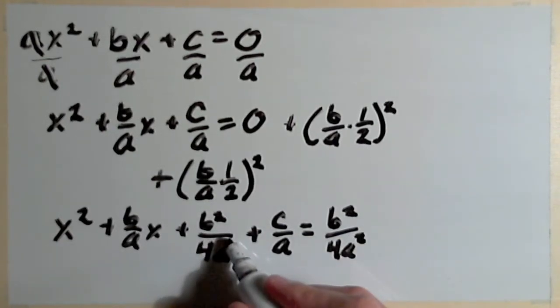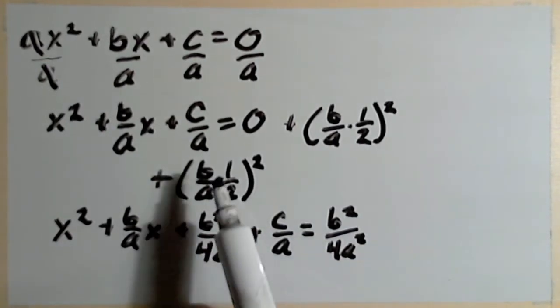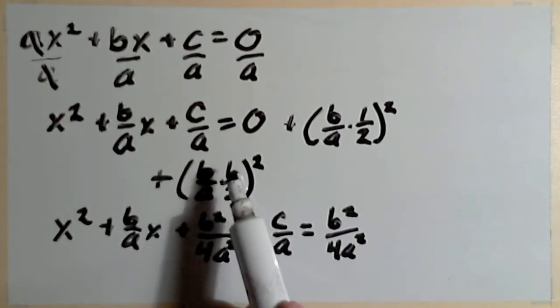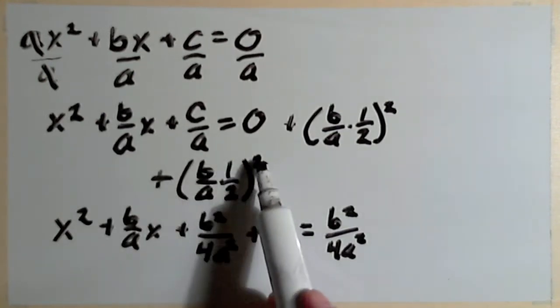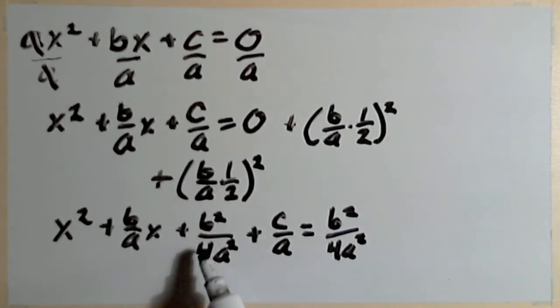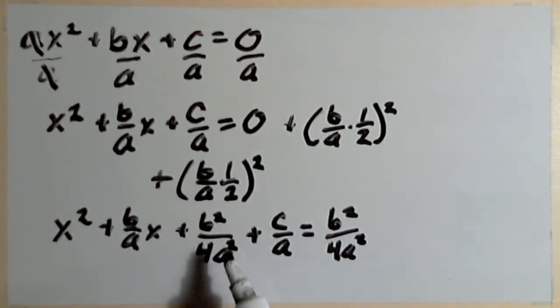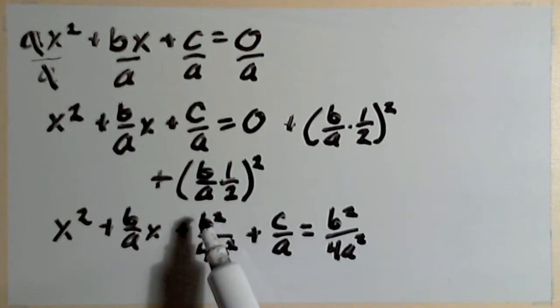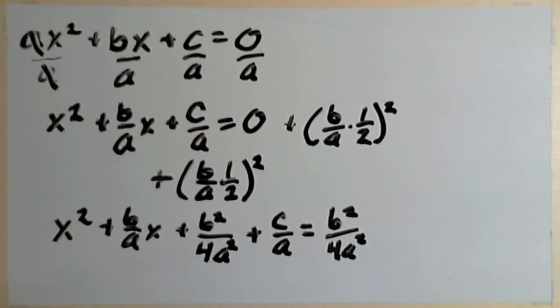Excuse me, this is an a squared. Here, the numerator is just b times 1, which is b, and then you square that and you'll get b squared. In the denominator, we have an a times 2, and when we square that we get a 2 squared, which is a 4, and an a squared. B squared over 4a squared.